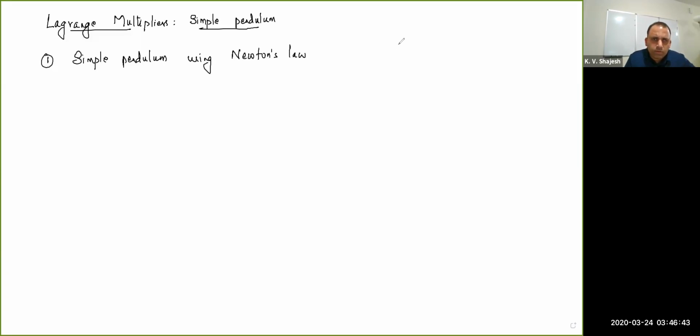So the simple pendulum deals with, let's use some lines here. And that's a mass m.